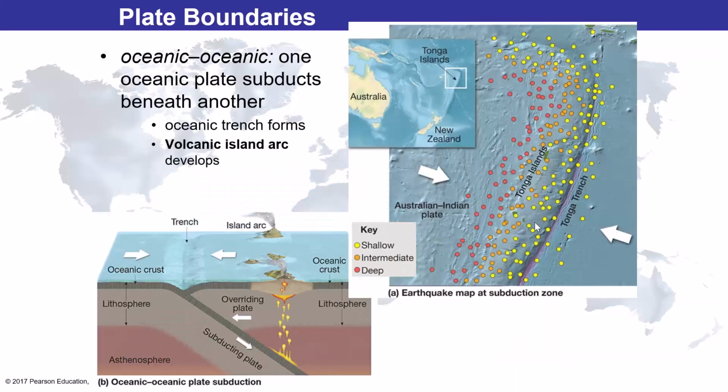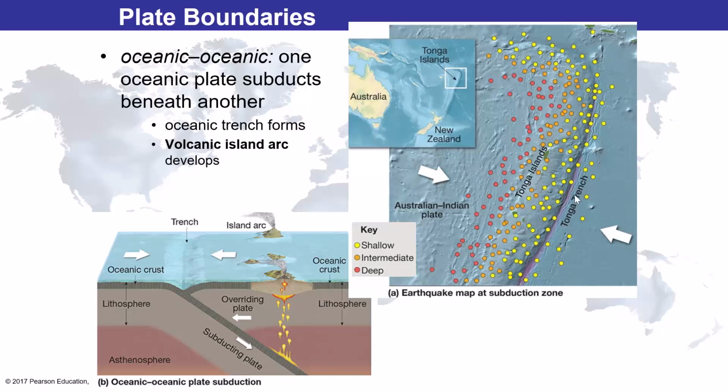This is, again, a great example, something you'll need to pay attention to for the lab manual, but these volcanic island arcs are what can be created, and we can see this as the oceanic crust goes under the other oceanic crust, creating this ridge of islands or this island arc.